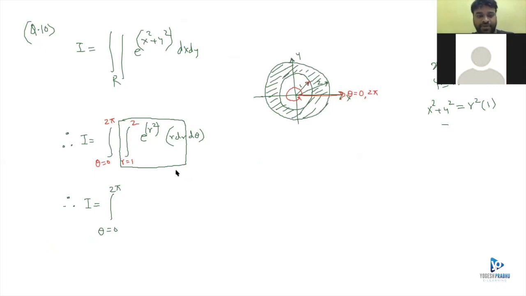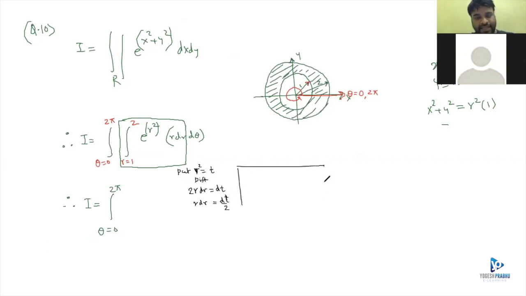You have to put r squared equals t, and then differentiate. So you get 2r dr equals dt, then r dr equals dt over 2.